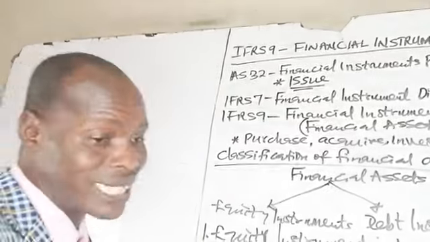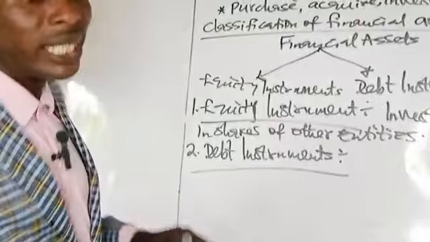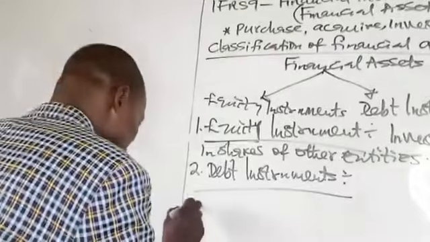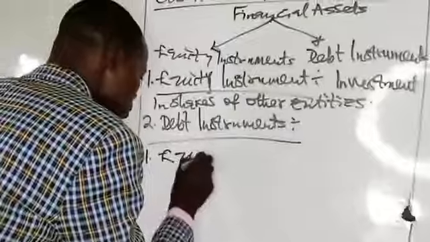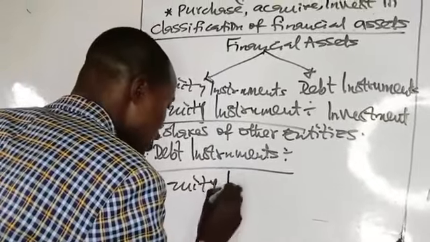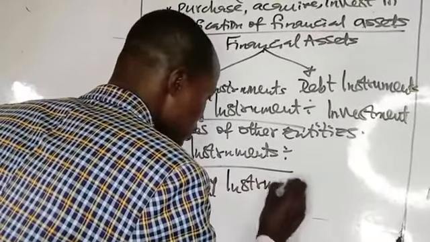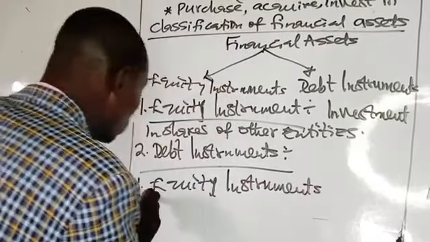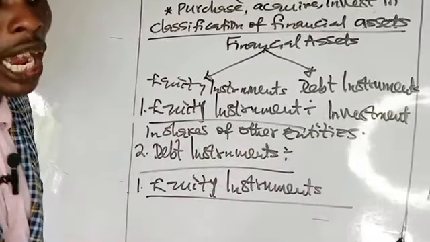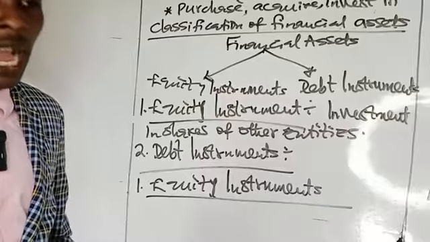So I am starting with number one, which is equity instruments. Remember, I've told you that equity instruments is the investment in shares of other entities.